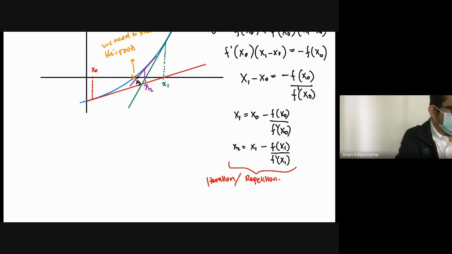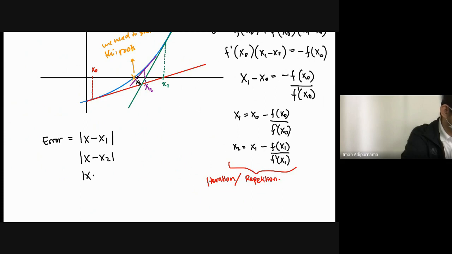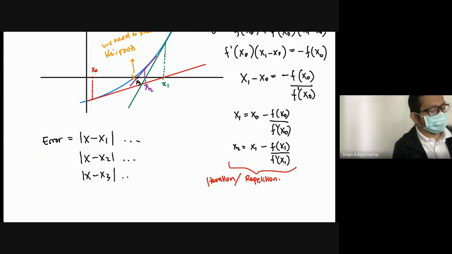And you know the error from the difference between the real root and the x1 or x2 or x3. They will have some percentage of error.